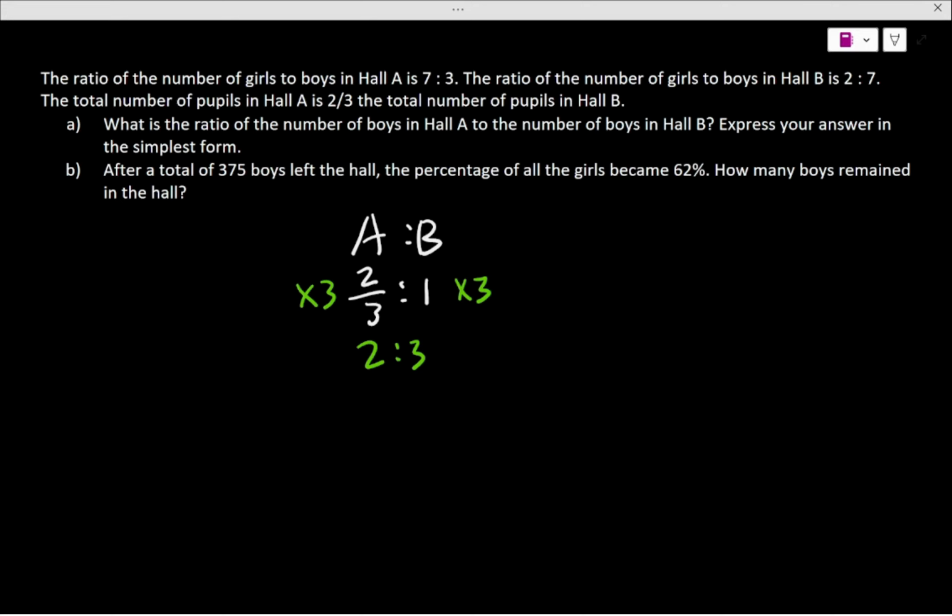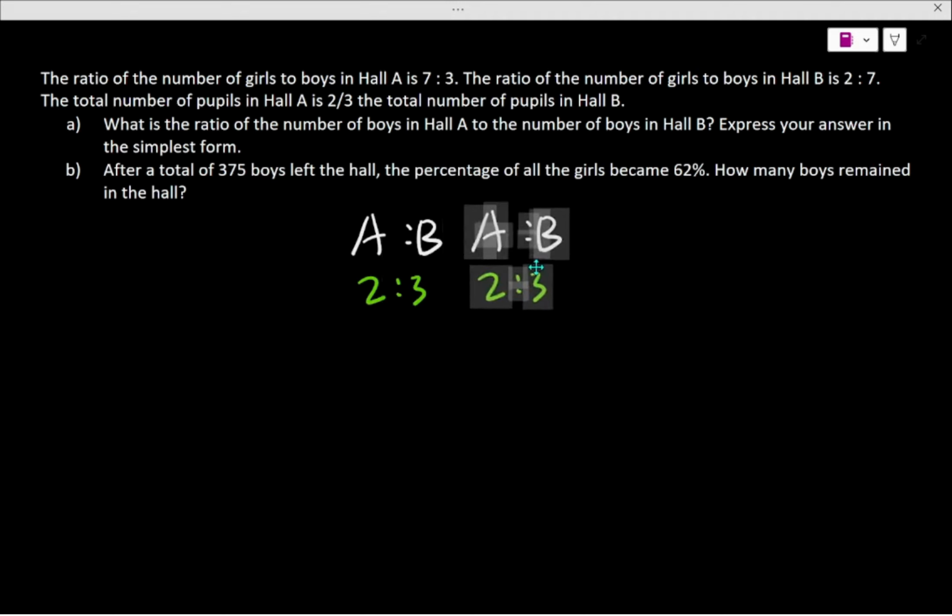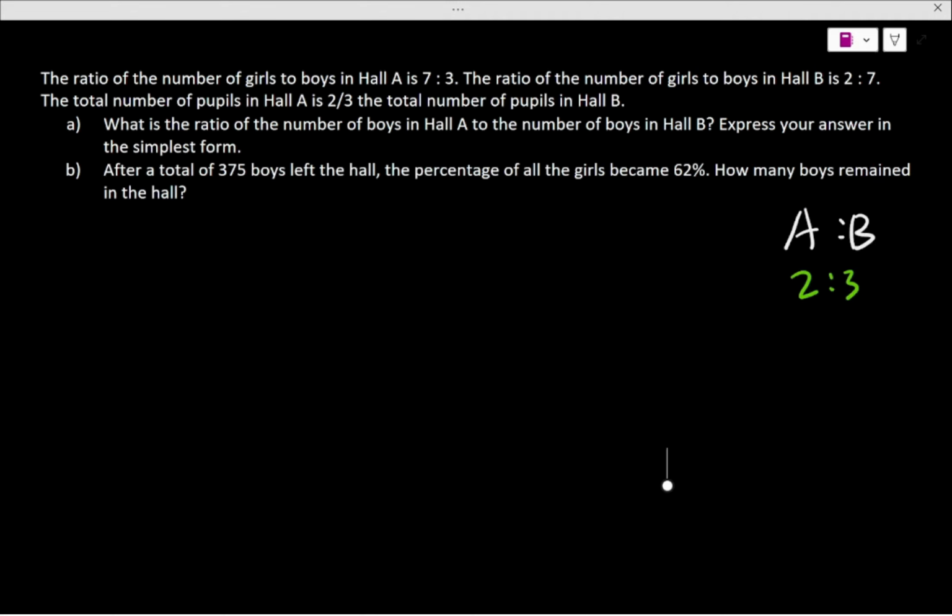So we know that the ratio of the number of pupils in A to the number of pupils in B is 2:3. So let's put that aside. Let's park that aside.